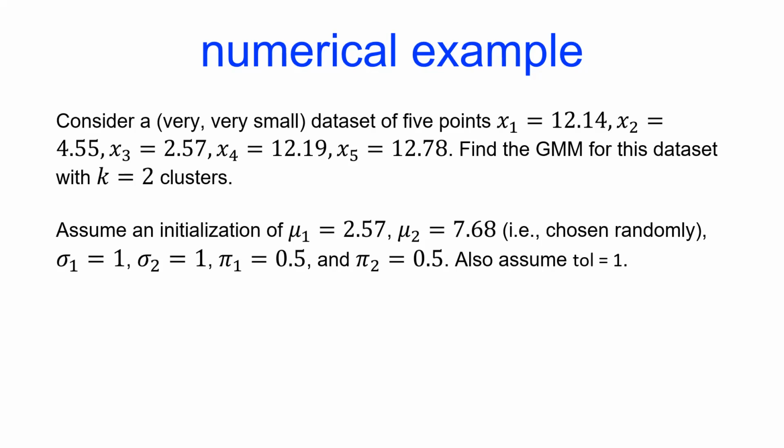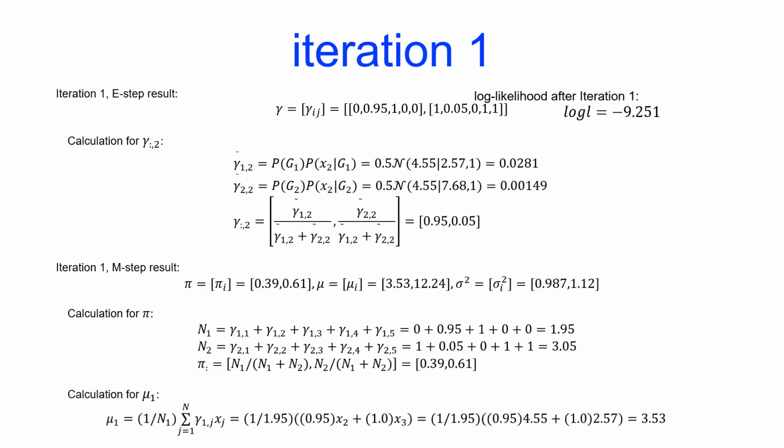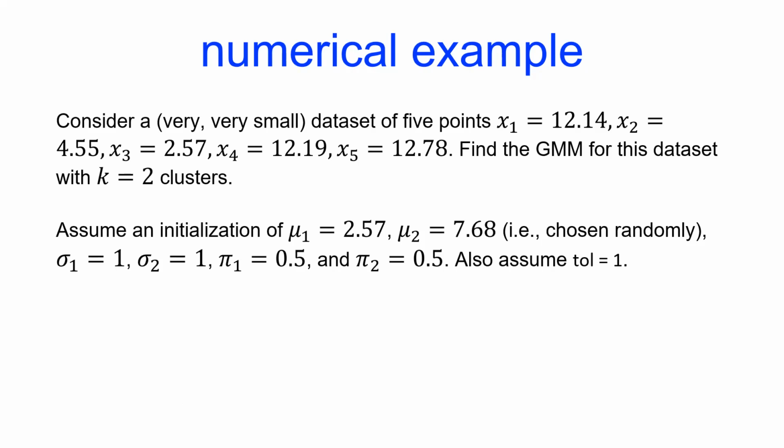And now we just try to have a very small example. We have 5 points, and we try to find the Gaussian mixture model for this data set with k equal to 2. As I mentioned, usually k is predefined for the algorithm itself. Of course, how to find k is another story.